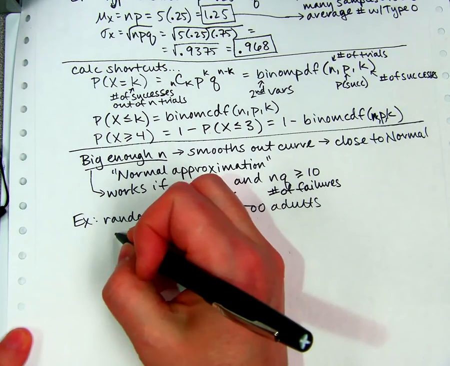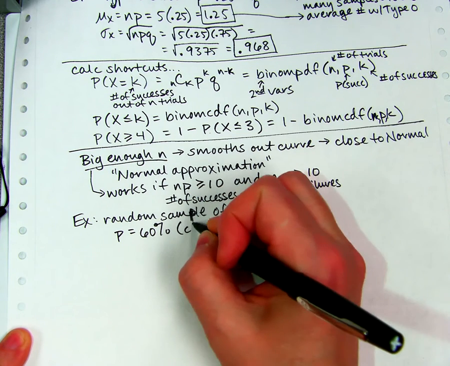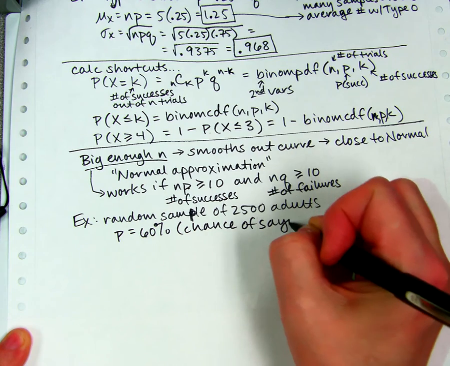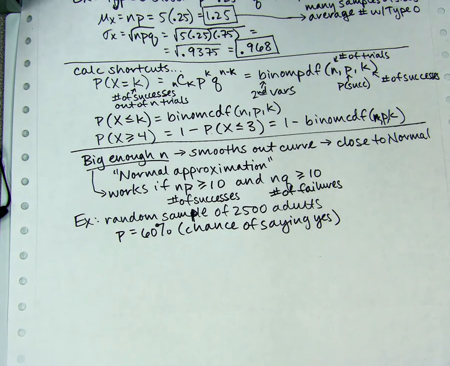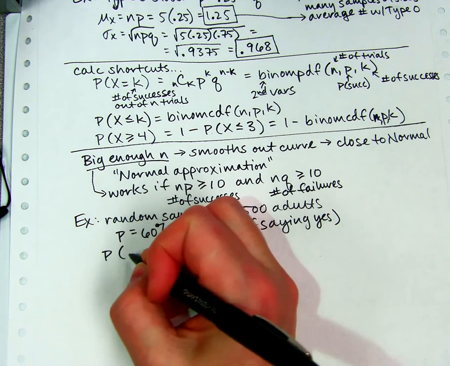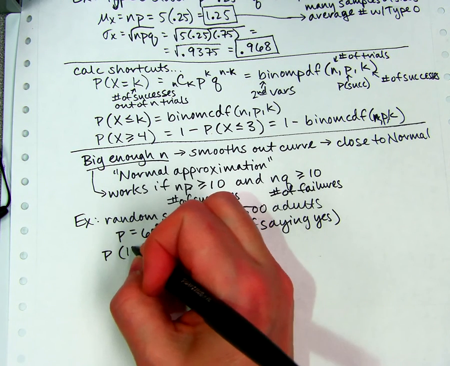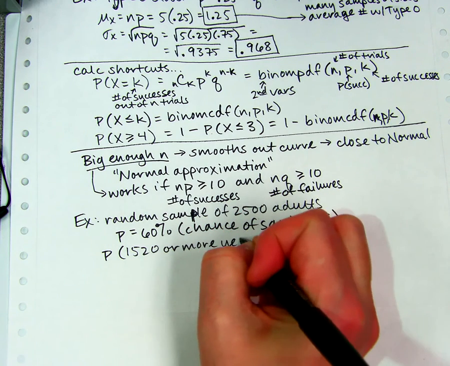I'm just going to say, let's say p is 60% chance of them saying yes to my question, whatever it is. So that's my probability of success. So now, if I want to know the probability of getting, out of this 2,500, I want to know the probability of getting 15, 20, or more yeses.